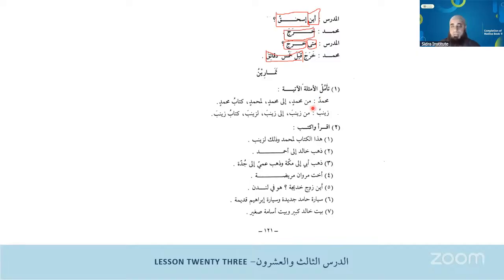Muhammadun min Muhammadin ila Muhammadin li Muhammadin kitabu Muhammadin. So we got prepositions before the word Muhammad, and also it's used at the end as a mudhaf ilayh in the state of jar. We can see that it's accepting a tanween, kasratain. Min Muhammadin ila Muhammadin li Muhammadin kitabu Muhammadin.